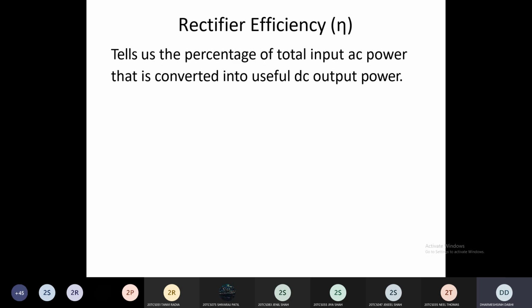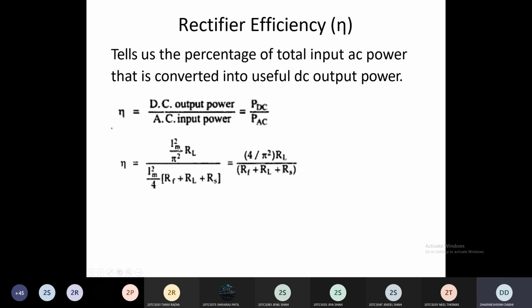So rectifier efficiency tells us what percentage of your total input power is converted into useful DC output power. Clear? So DC power divided by AC power, that is the efficiency of this half wave rectifier circuit. We already derived the PDC, that is Im square divided by pi square into RL.